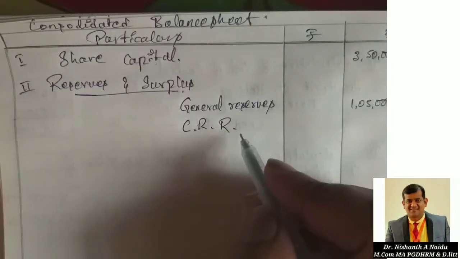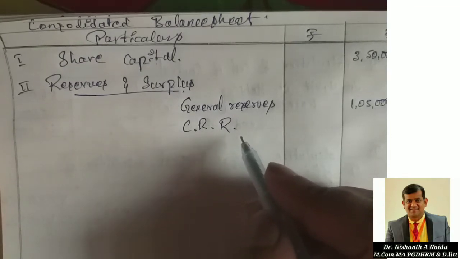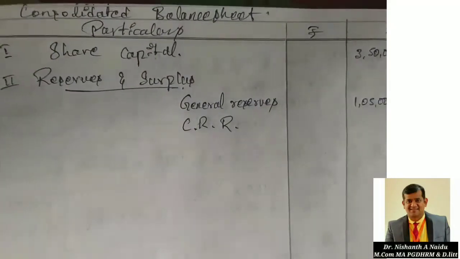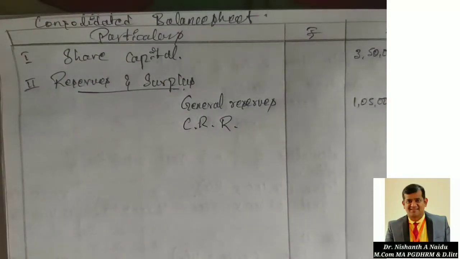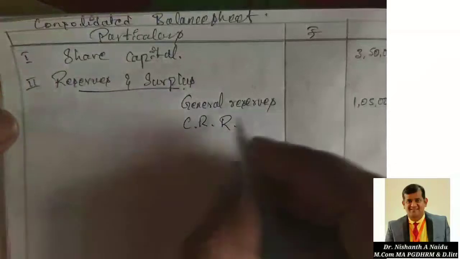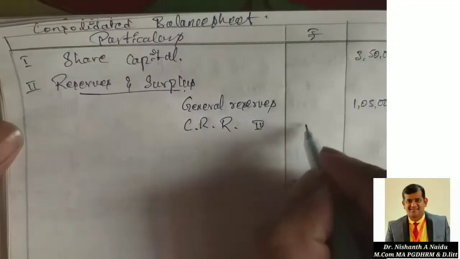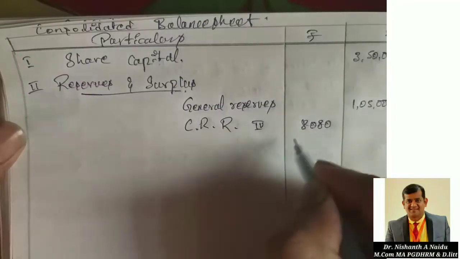So that is 8080, which we have identified in the last working note. That is working note number 6. If you look at that, you will get that 8080.